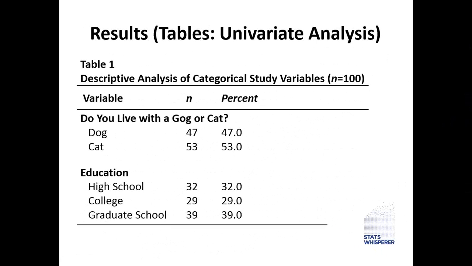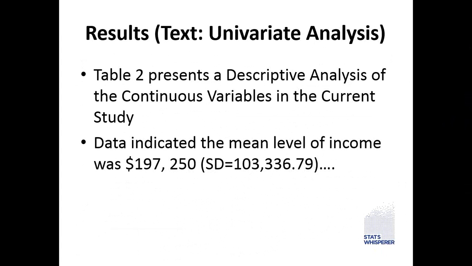But remember, these are the categorical study variables. You also have continuous study variables, which also need to be presented descriptively. So we come to that, right? So you might have a Table 2 that presents the descriptive analysis of the continuous study variables in the current study. Right? For example, you might say data indicated the mean level of income was $197,250.